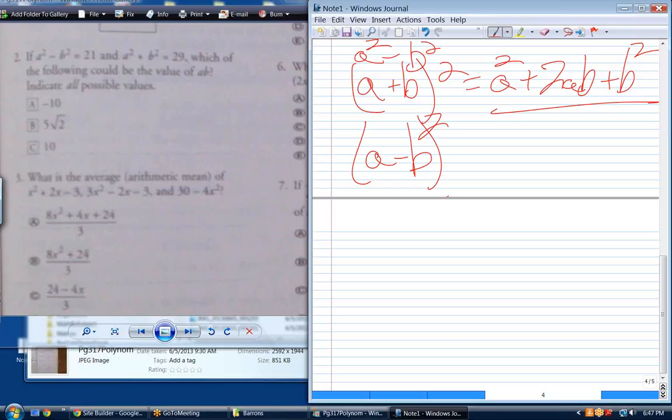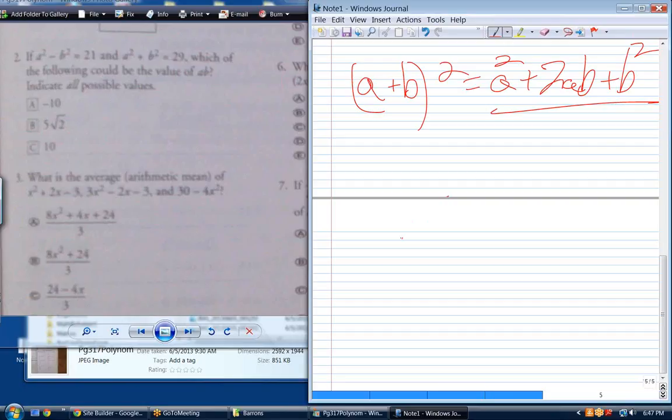And a squared minus b squared... No, I'm trying to figure out how to do it. I thought this was going to give us the solution by looking at it like this, and I still think it will. All right, let's write it out as two equations. This might be the better way to go.